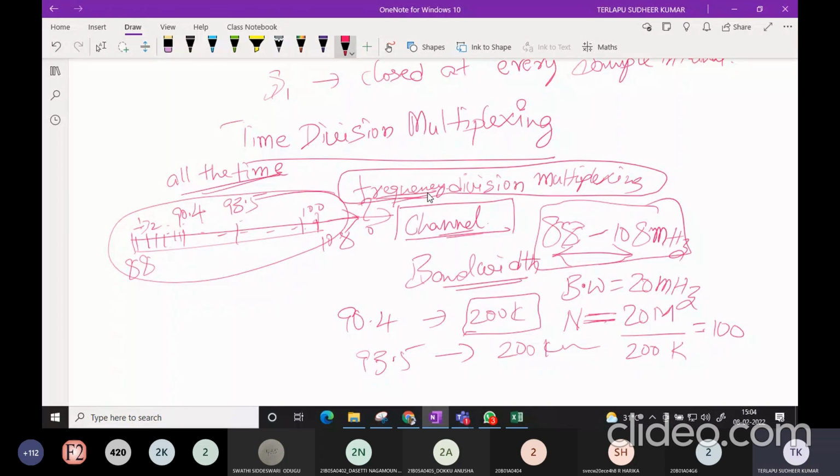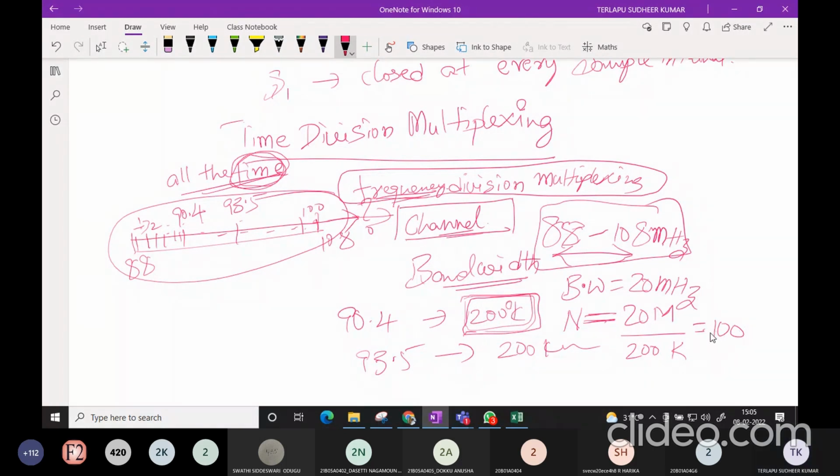I'll tell. See, the advantage here is all the time we can transmit all the signals. That is the biggest advantage of frequency division multiplexing. But the problem is, I said, okay, one channel occupies 200 kilohertz. Assume instead of FM, if I go for cellular mobile, my required channel bandwidth is more. Instead of 200 kilohertz, assume 2000 kilohertz each channel requires.